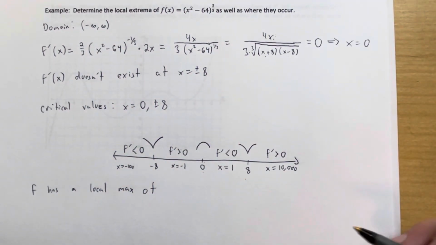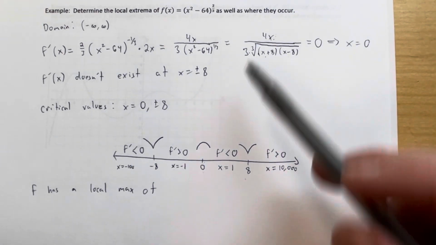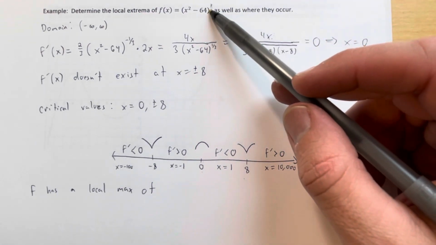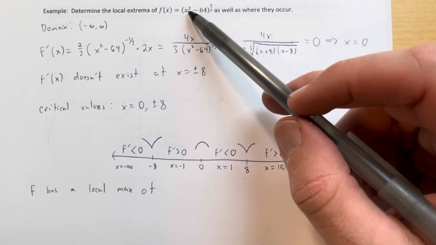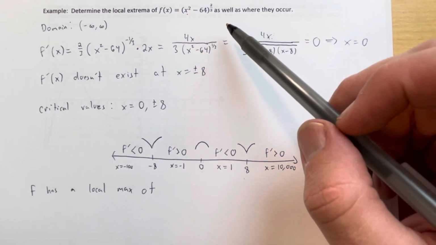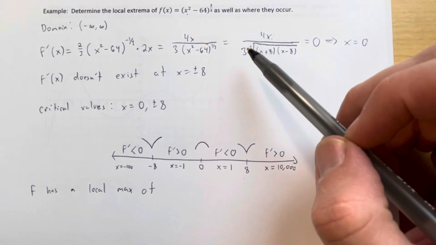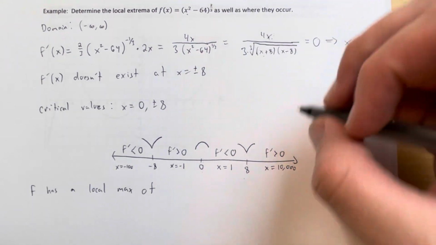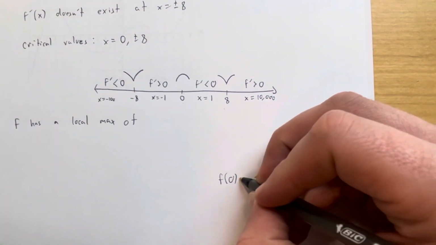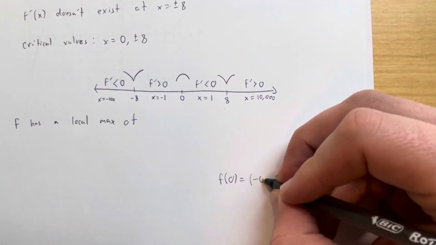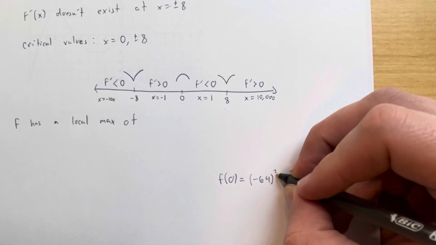At 0. So plug 0 in, not into the derivative, but the original function. If I plug a 0 in here, I have 0 squared minus 64 to the 2/3 power. Let's work that out. What is f of 0? So it's negative 64 to the 2/3 power.